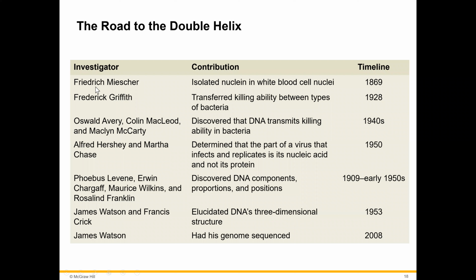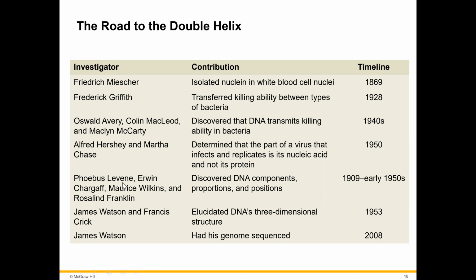Right, so here we started with Frederick Miescher that isolated nuclein in white blood cells, then Frederick Griffith that transferred killing ability between types of bacteria, Avery, MacLeod, and McCarty that discovered the DNA transmits killing ability in bacteria. Hershey and Chase that determined that the part of a virus that infects and replicates is its nucleic acid and not protein.